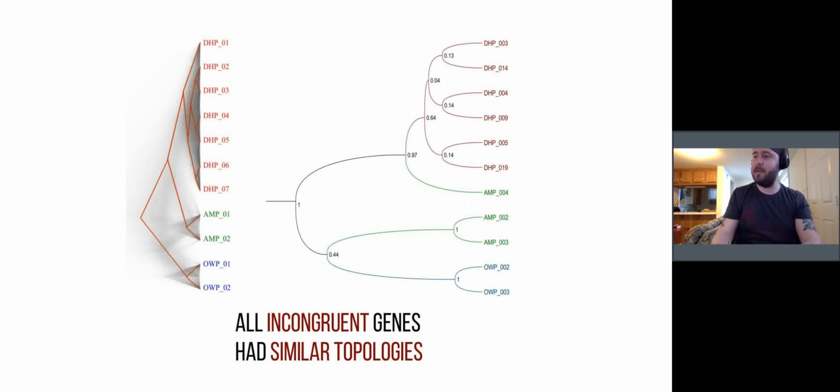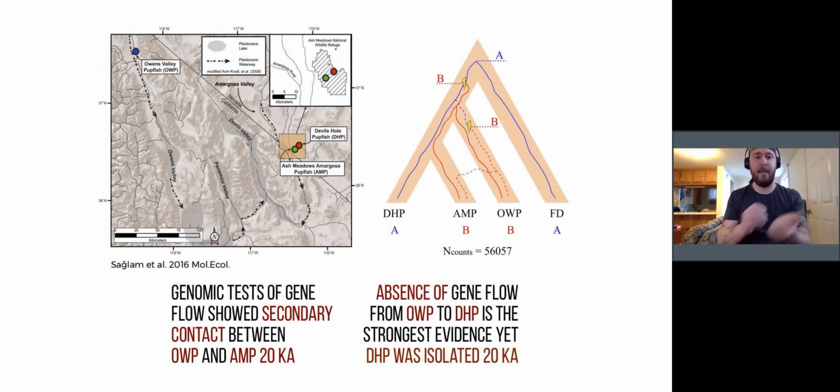We tested this pattern using the ABBA-BABA test, which is a migration test using whole genome information. And what the ABBA-BABA test does is very simple. It tracks novel mutations. So for example, if there's a mutation that occurred here in the past, before these two species split, this mutation could occur here, it could occur in this branch, it could occur in this branch.